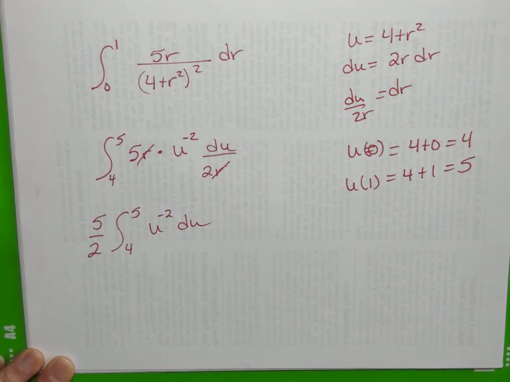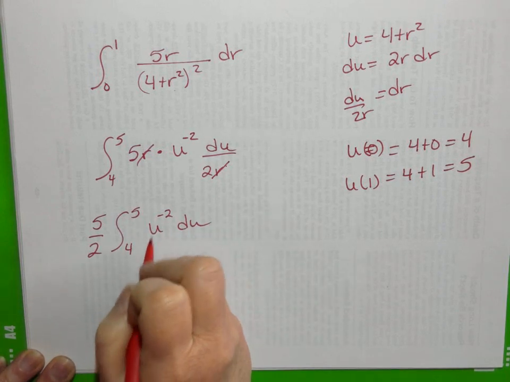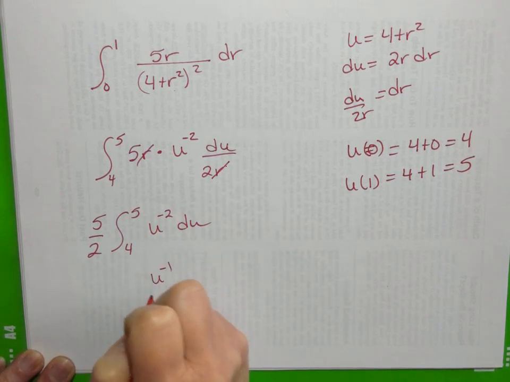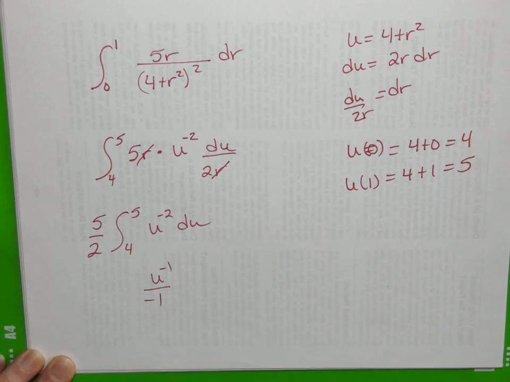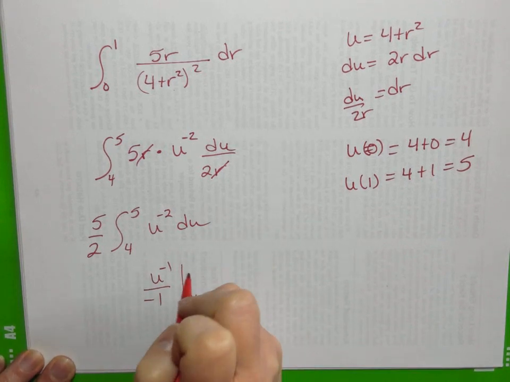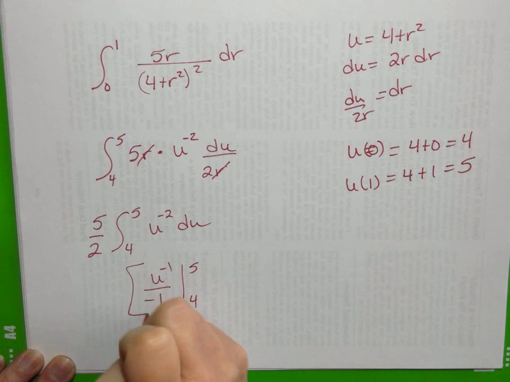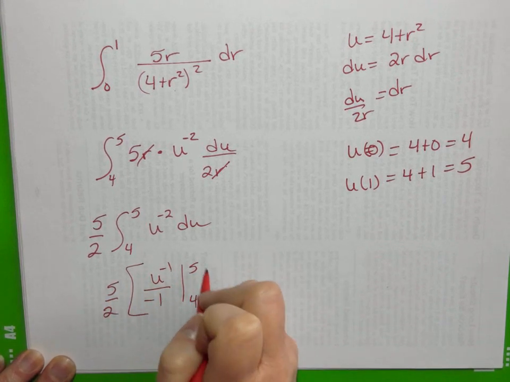Take the antiderivative. Okay, the antiderivative of u to the -2 is u to the -1 over -1. I'm going to evaluate that from 4 to 5, and I'm going to multiply that by 5 over 2.